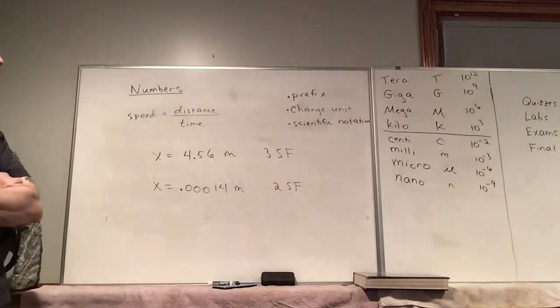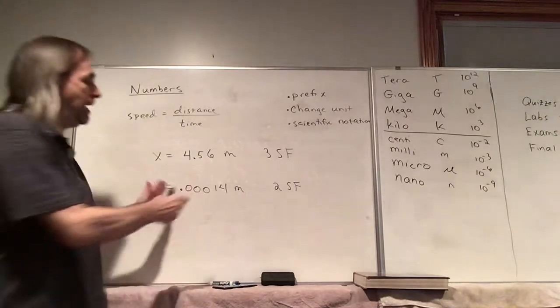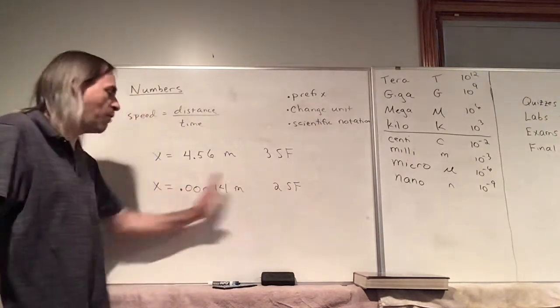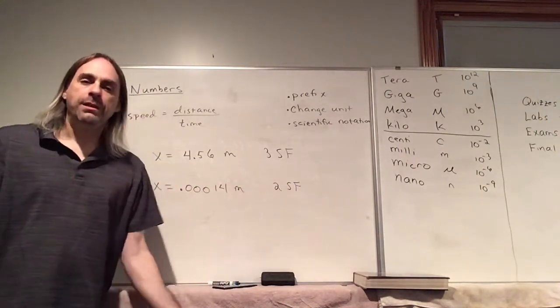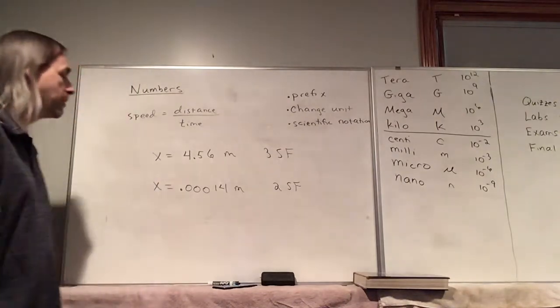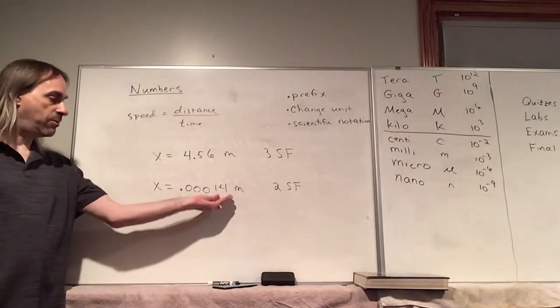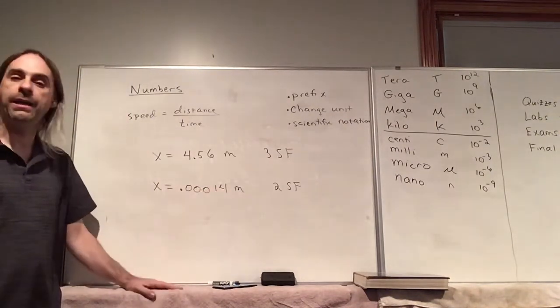I could say 140 micrometers, something like that. And so changing units or moving the decimal point around doesn't affect the number of significant figures. So here we just have 2 significant figures, the 1 and the 4.